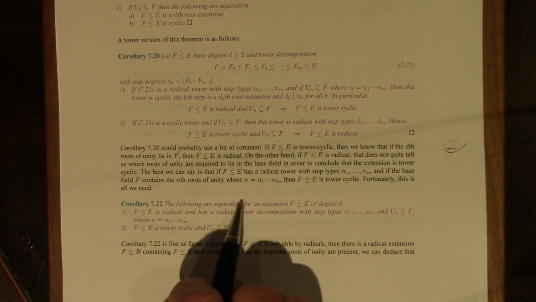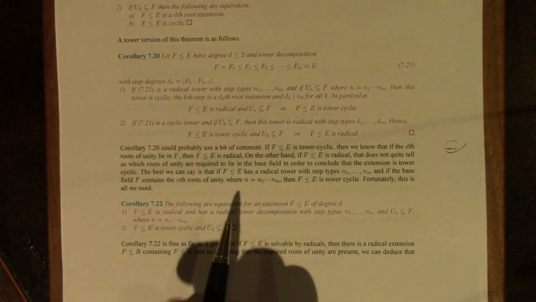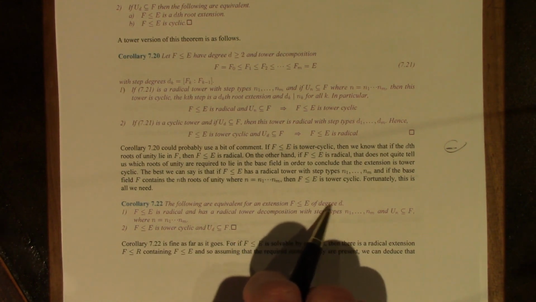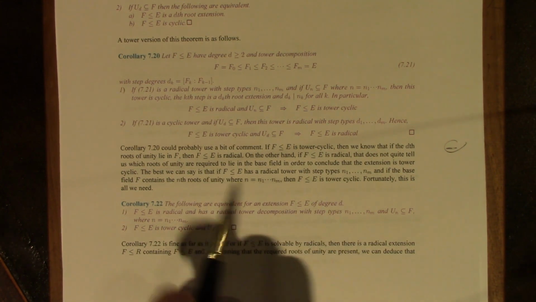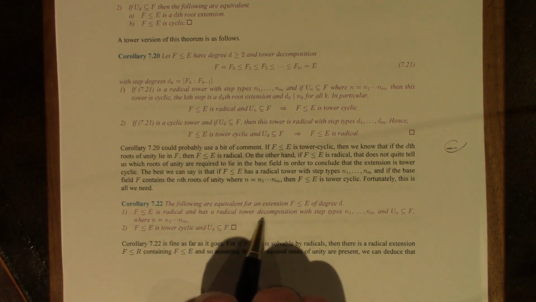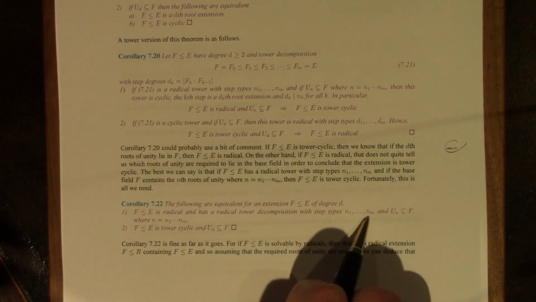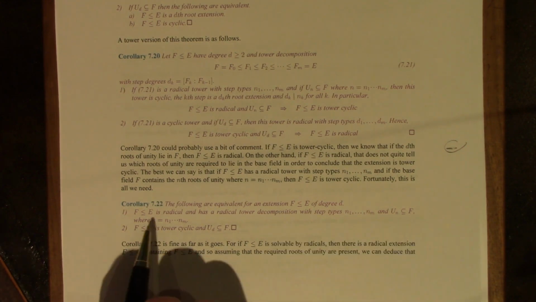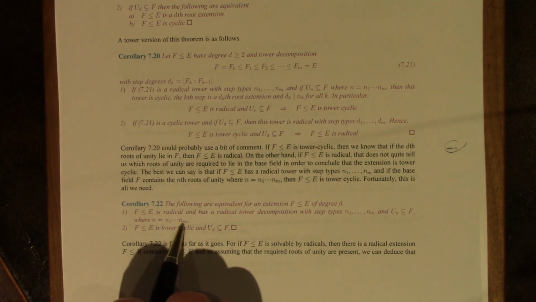So here is a sort of condensed version of this. The following are equivalent for an extension Fe of degree d. Fe is radical and has a radical tower decomposition with these step types, and this set of roots of unity lie in the base field and d is the product of the step types.